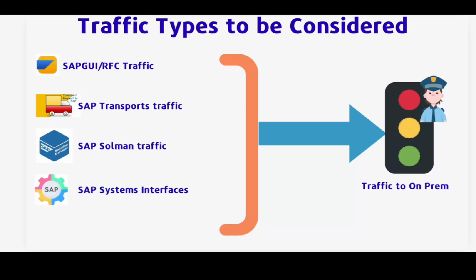The next traffic considered should be the SAP systems interface traffic. This ensures smooth communication between SAP systems and any kind of external interfaces, like third-party software or any non-SAP systems, through a hybrid environment. We should also consider printing, backup, and monitoring services.